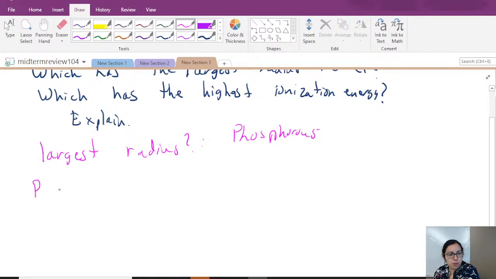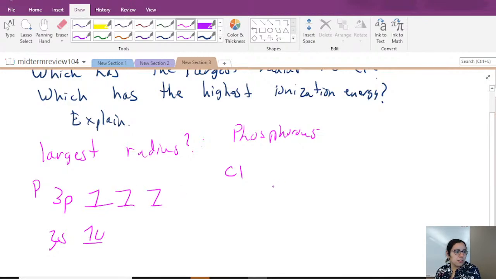And so for a best answer, we probably want to just show the 3s and the 3p for both phosphorus and chlorine. And so you mentioned phosphorus has 5 valence electrons, so if we fill those in, so 1, 2, 3, 4, 5, versus you said chlorine had 7.